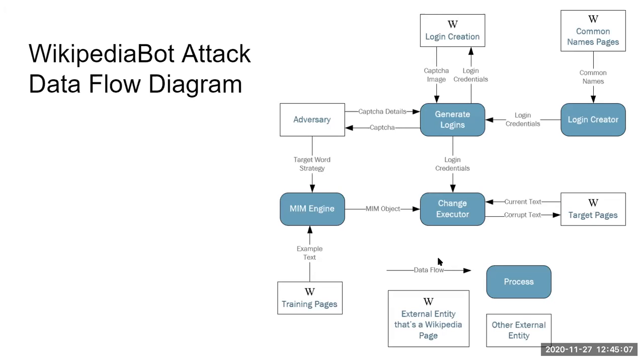So we built this tool called WikipediaBot that makes edits to Wikipedia articles using an automated mechanism that basically censors out topics that the adversary does not want the target to read about.